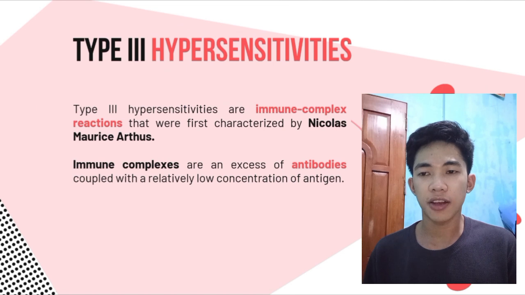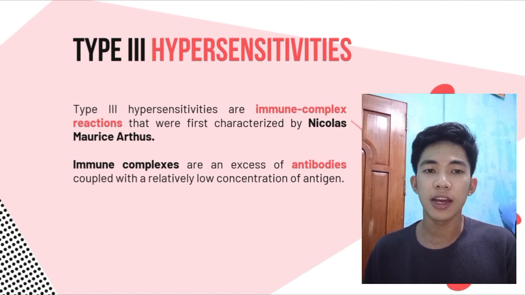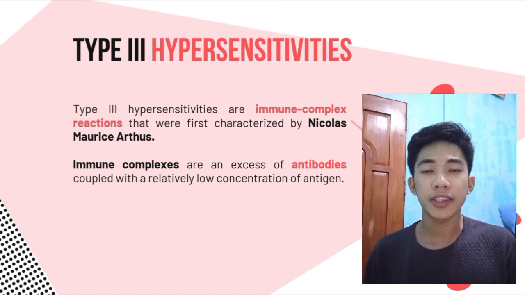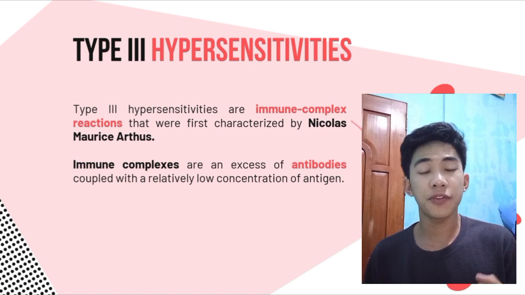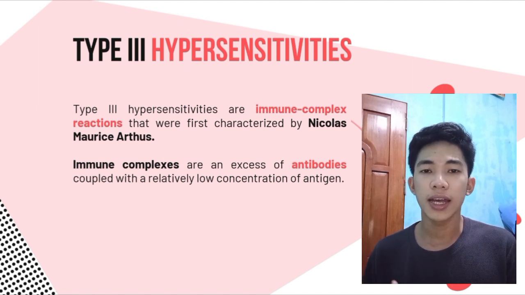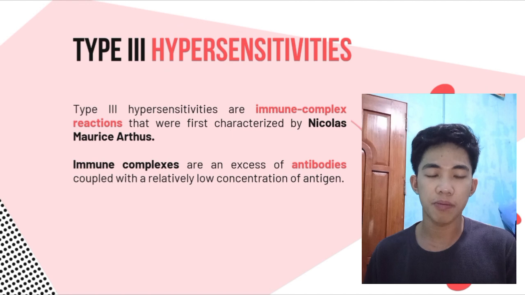Immune complexes are like clumps that consist of antibodies, primarily IgG or IgM antibodies, bound to antigens which have a relatively low concentration compared to the antibodies. So meaning there are more antibodies compared to the number of antigens.